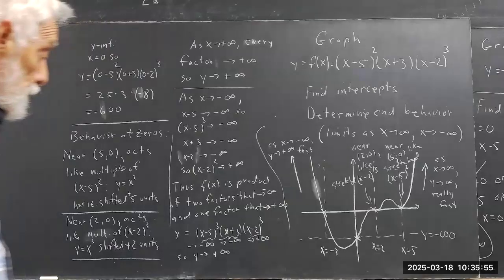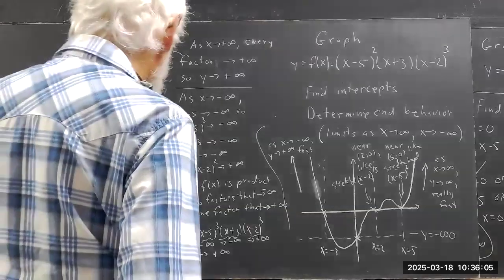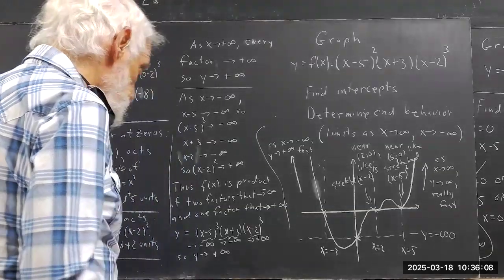Graphs of factored polynomial. Now there's another thing. It's actually easier to sort out than this, but it still takes a little bit of practice and a little getting used to.